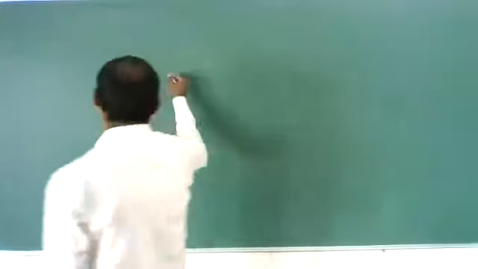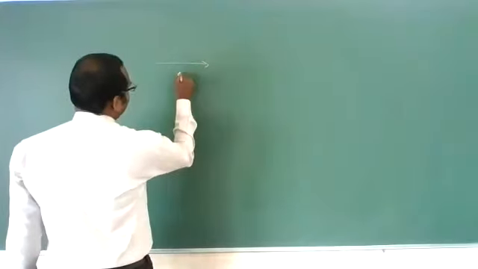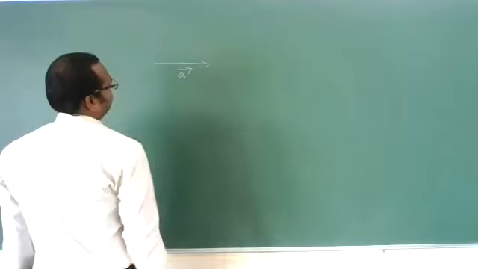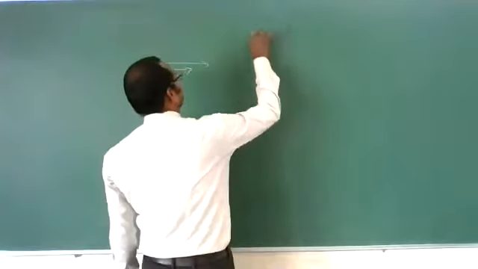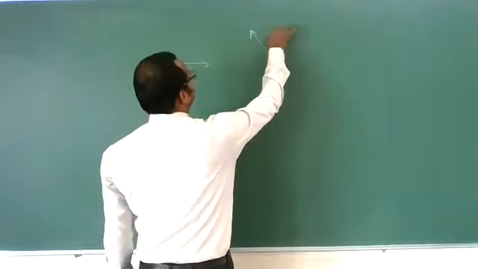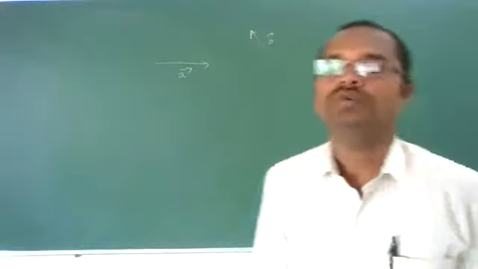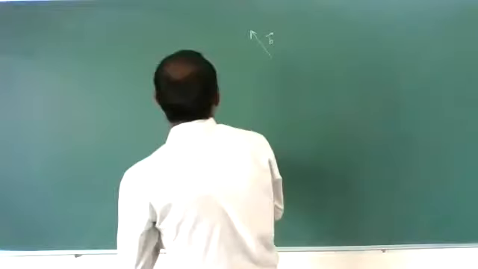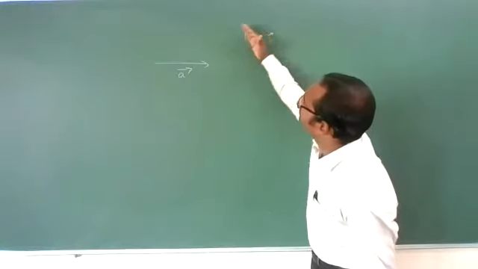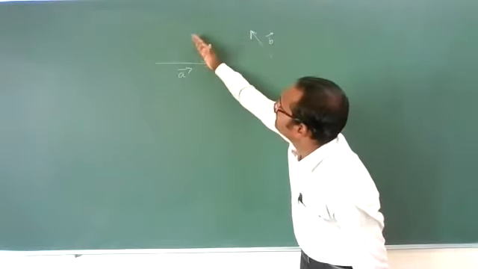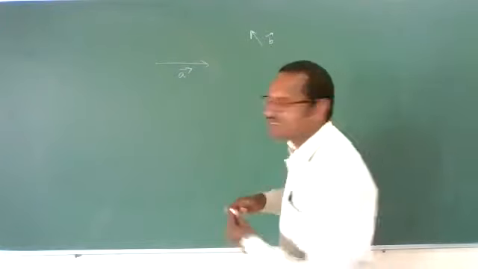For example, if a vector is there like this, A bar, and another vector like this, B bar, at a different angle. Shift B bar parallelly and join it with the head of the first vector.